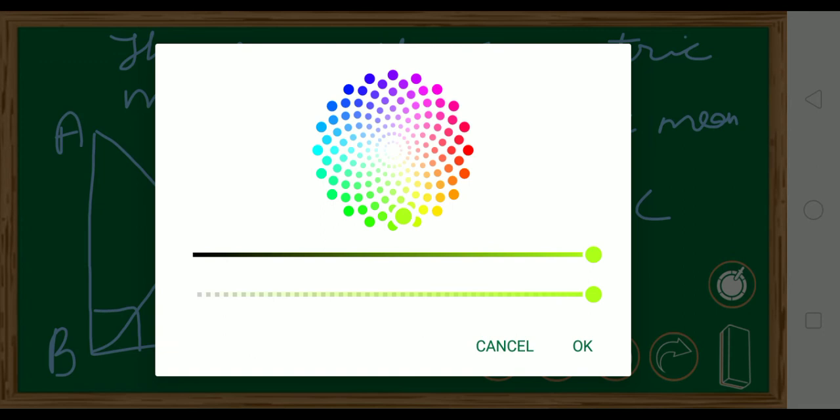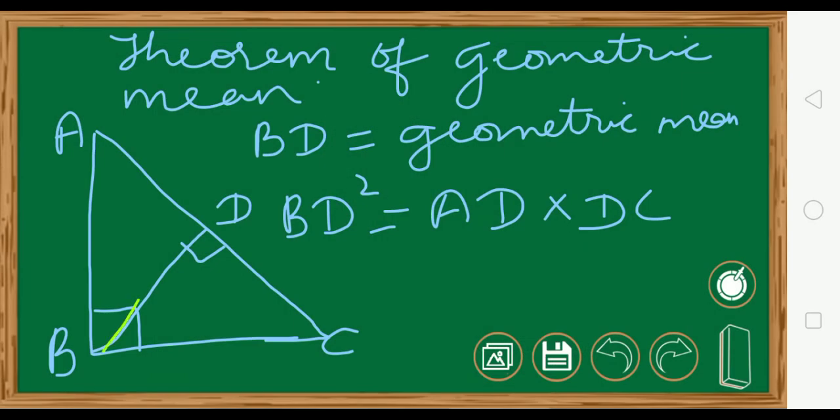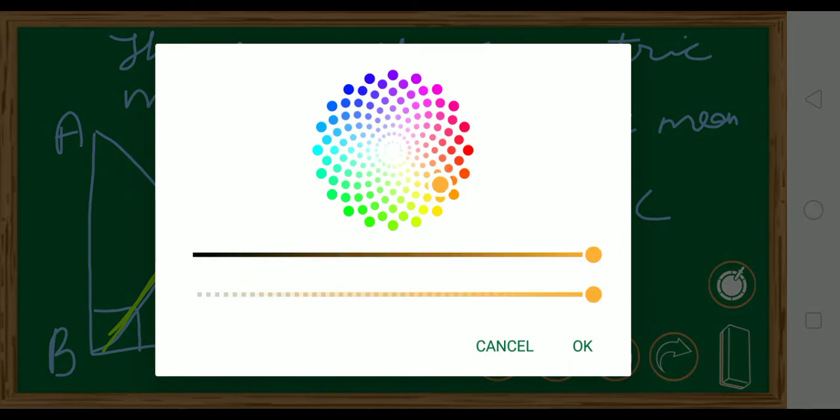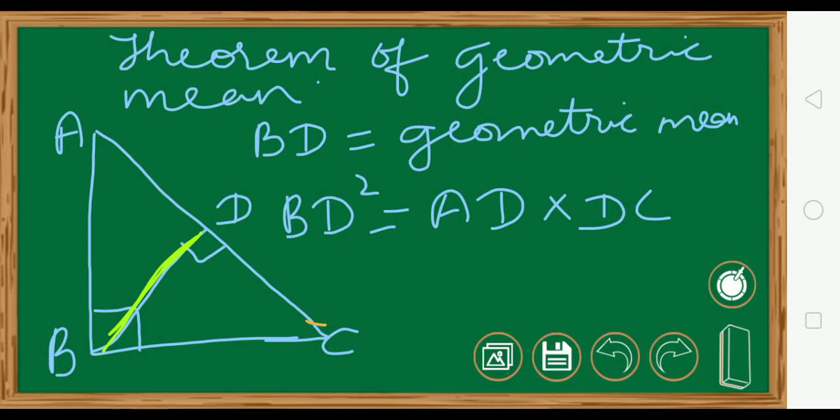See, look carefully, this BD, the square is equal to the product of this and this one. This part. Okay. AD, DC.